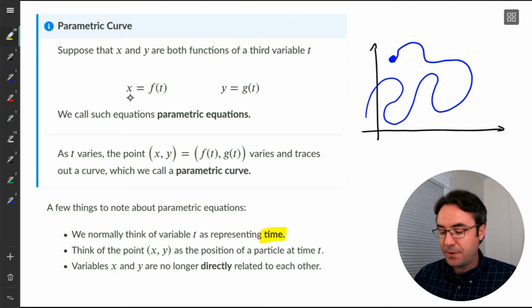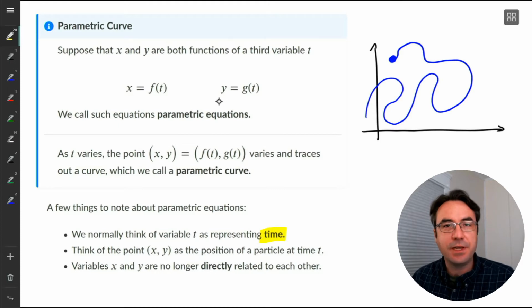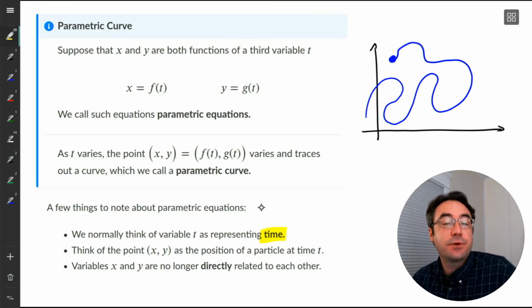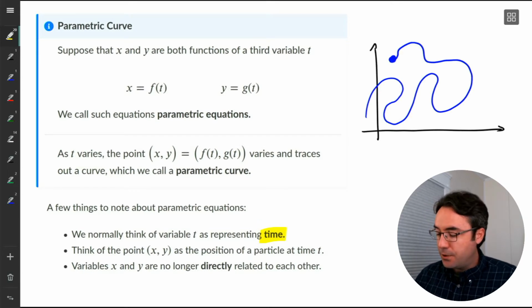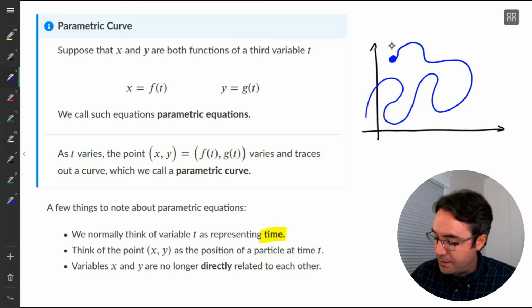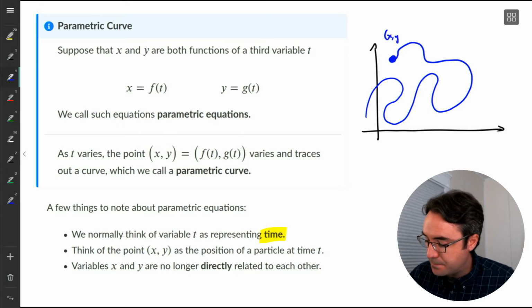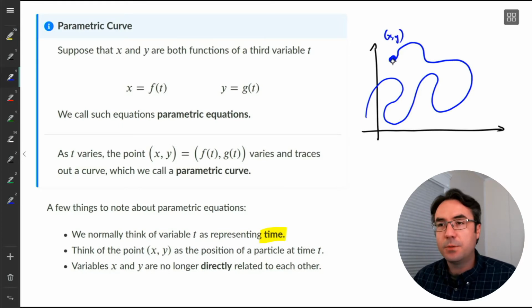We have our geometry, x and y, but then we've also introduced this third variable, t, and t represents time. So you want to think of this point x y almost like a particle. This particle is moving around the plane.